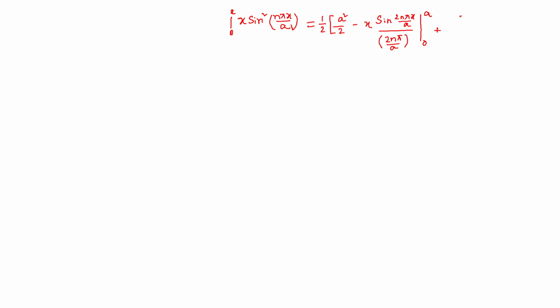Now be careful. This a²/2, I am writing minus. You can see sin 2nπ. Whatever be the value of n, 1, 2, 3, 4, it could be anything. When you are multiplying by 2, you can never get an odd number.